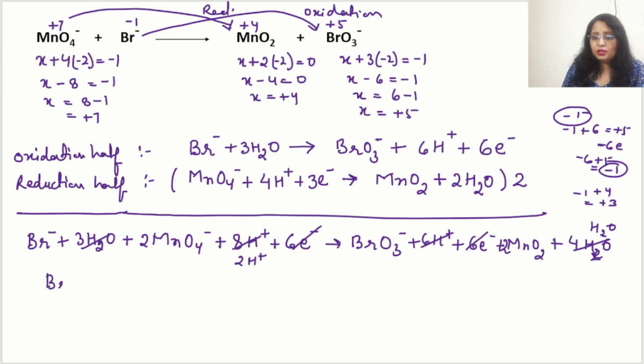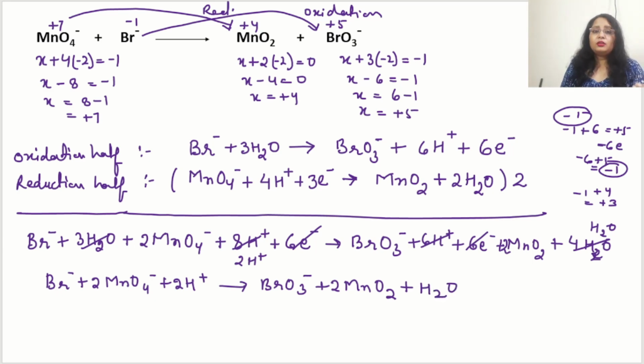So it is Br minus plus 2MnO4 minus plus 2H plus, and it will give BrO3 minus plus 2MnO2 plus H2O.